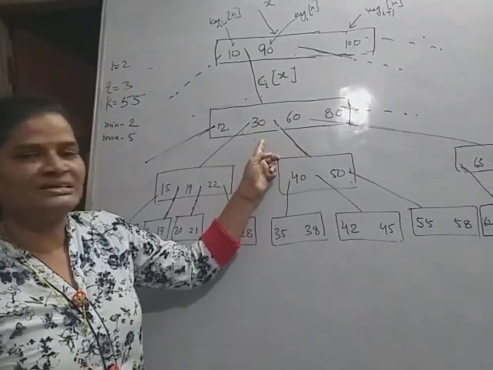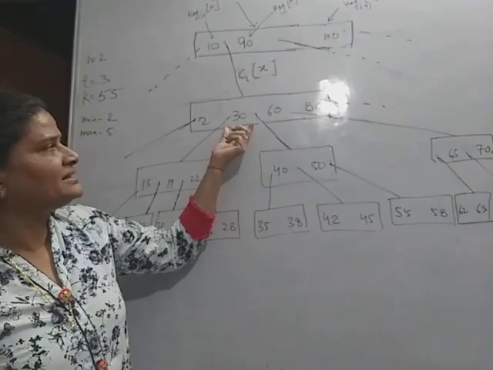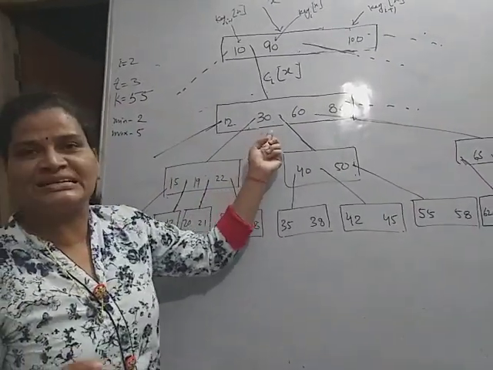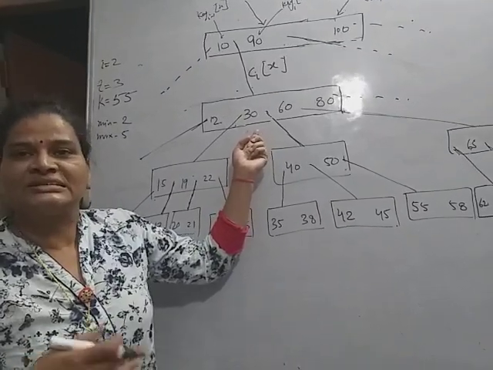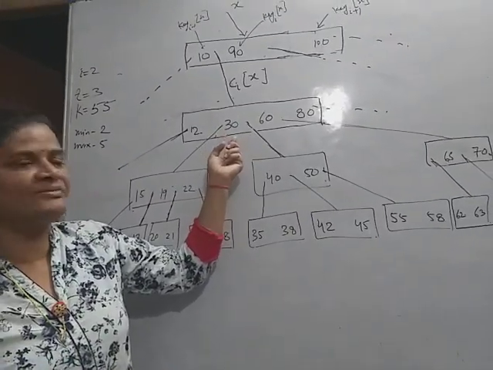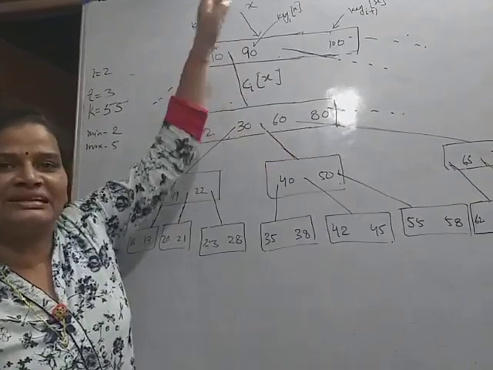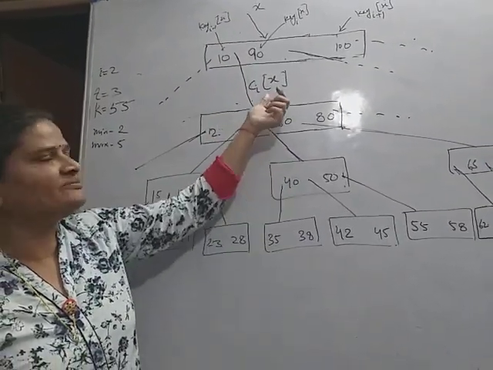The key k to be deleted is not present in x, so we call recursively: we delete k from c_i[x]. The recursive procedure is called with c_i[x].